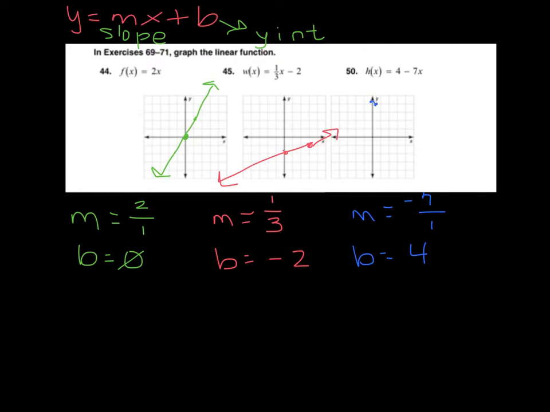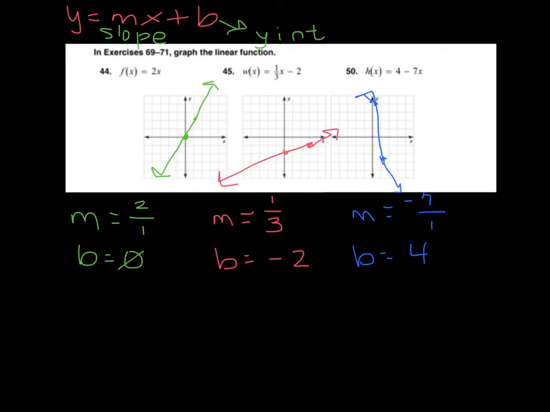And then because my slope is negative, I'm going to fall 7 and run 1 to the right. Moving in that downward position is the negative part, and then I still run right to make my line slope down because that 1 was positive. And then I'm going to draw a line through those points.